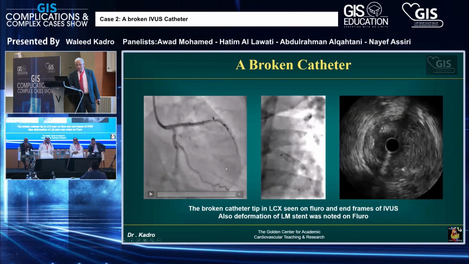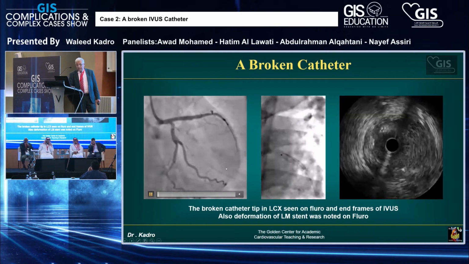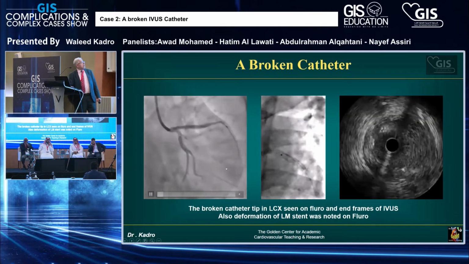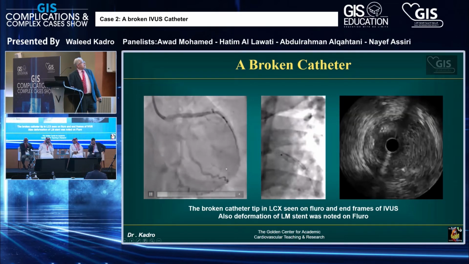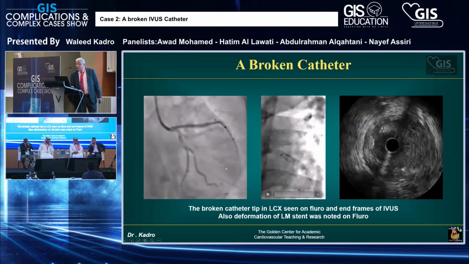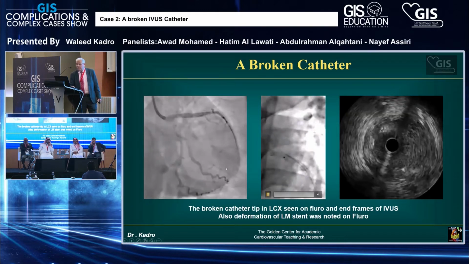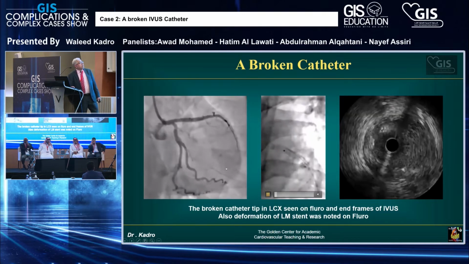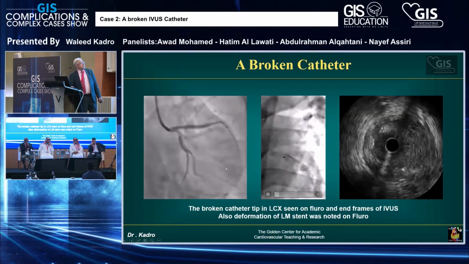Just going back now to the fluoro, you see this is the catheter end, and let me put that on the cine, and you see that dot here, and on the other one also, this is pure fluoro, and you see the dot.